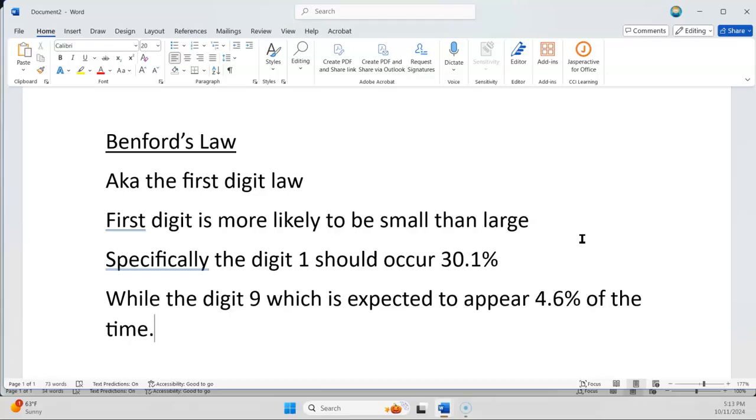And so if the data doesn't follow this distribution, it suggests that the data could be manipulated, or somebody just got lazy and not recorded it the way they should.